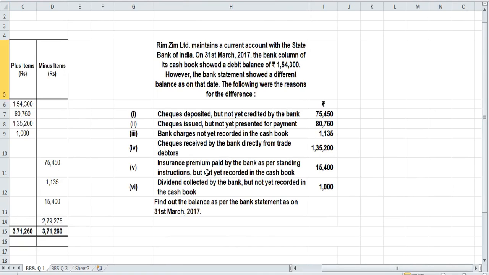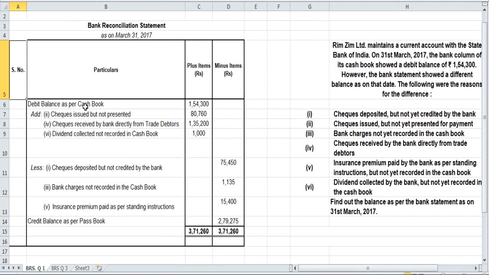Now we'll pick up the question one by one. I'll go a little slow so that you can understand. One thing to note here is that this balance starts with the cash book. So with whichever book it starts, we have to move that book up and down and match with the passbook.